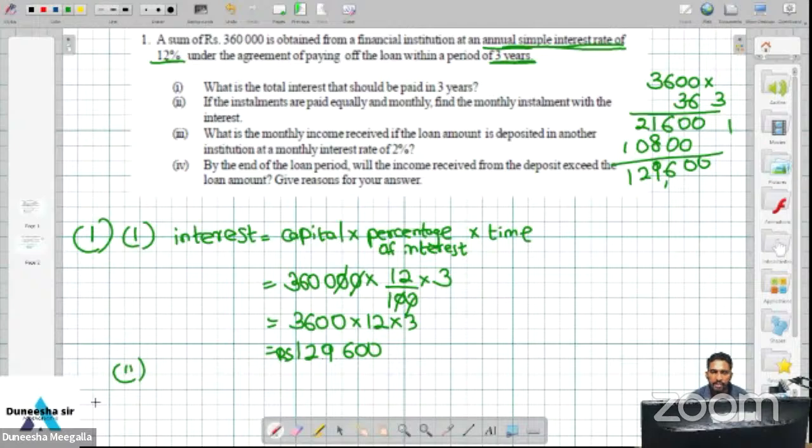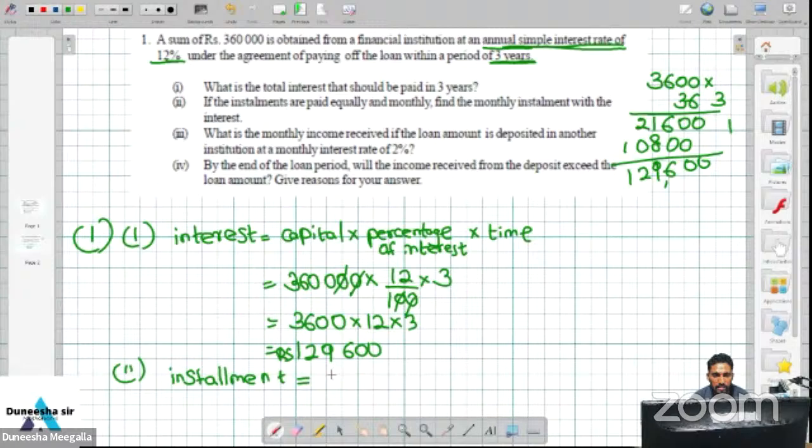Then loan and interest should be paid equally as installments. What is the installment?